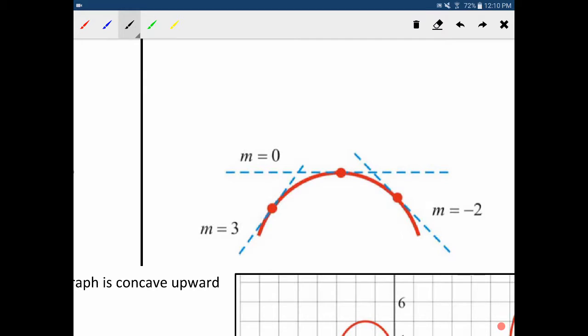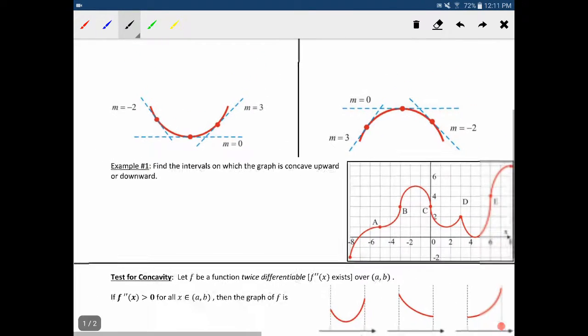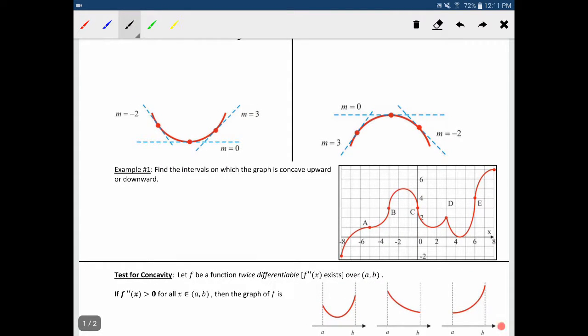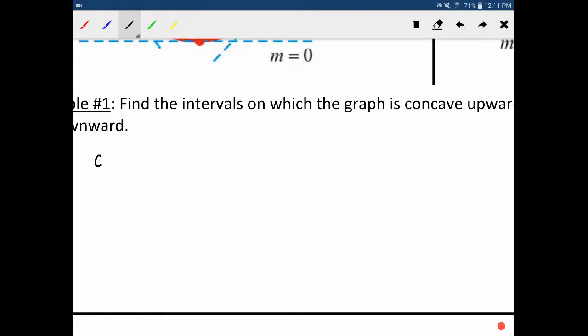If we look here, we've got this graph, and we want to find the intervals where it's concave upwards and downwards. So for upward, we'll do our intervals.